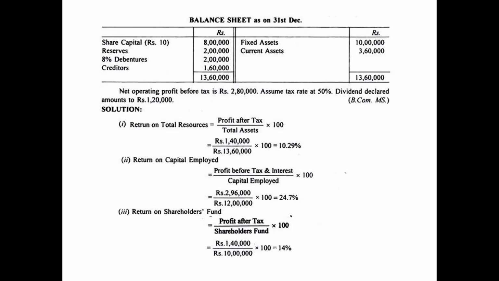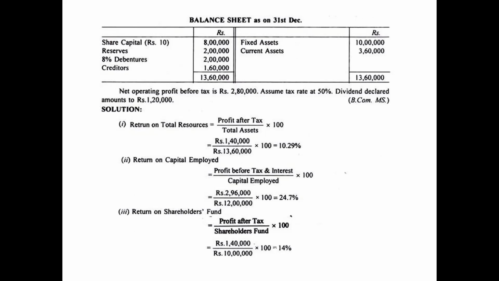Now, return on capital employed. Whatever capital is employed, the return on that. So here you want profit before tax and interest, right? Divided by all the capital employed. Now the profit is given here, but you want profit before tax and interest. So how will you calculate the interest? It is 8% debenture, so 8% on 2 lakhs.